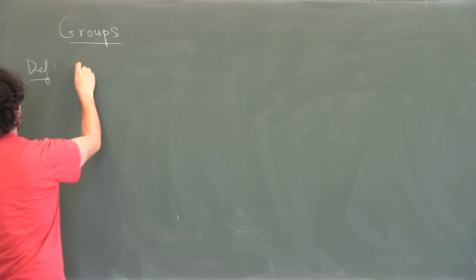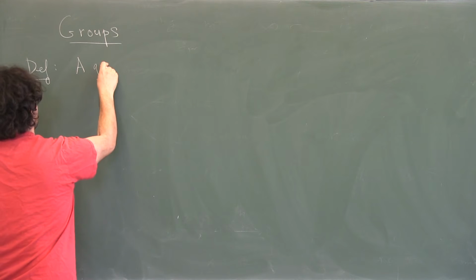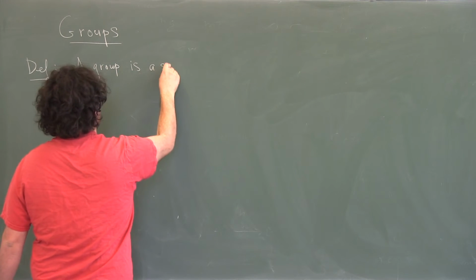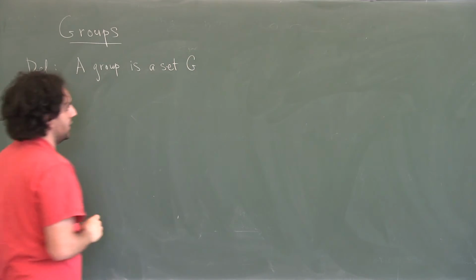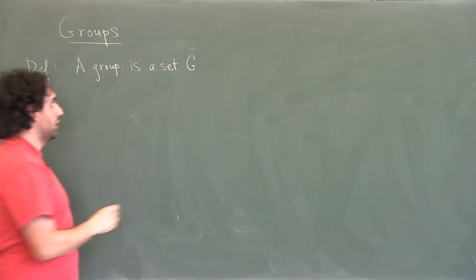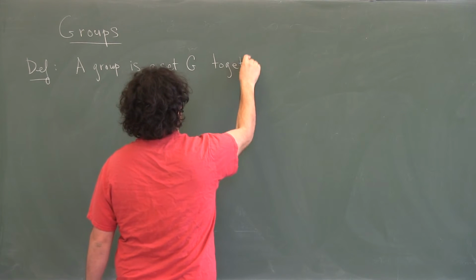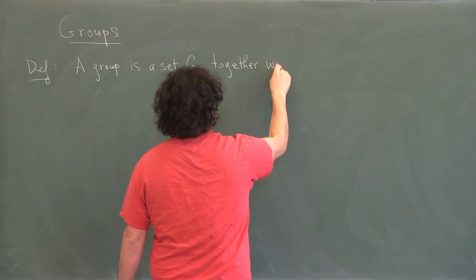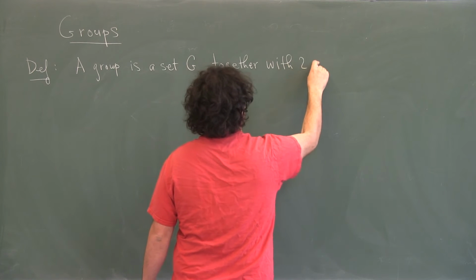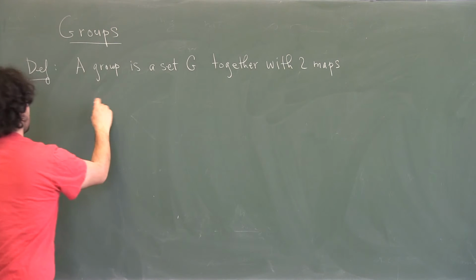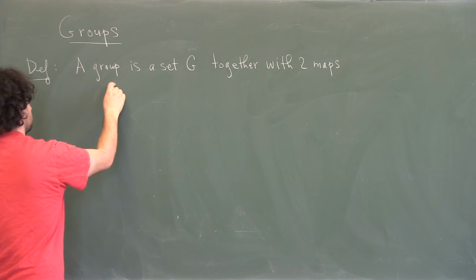So a group is a set G together with two maps. One map is called multiplication.